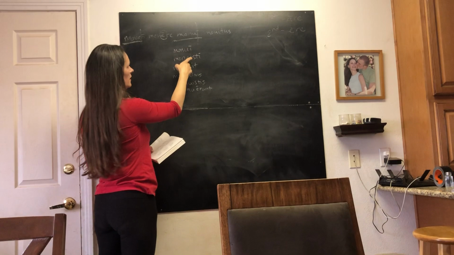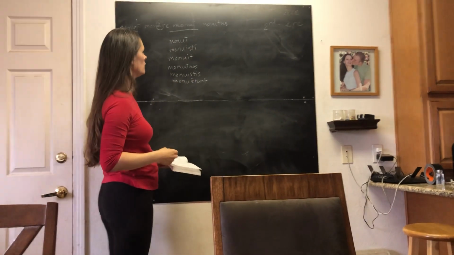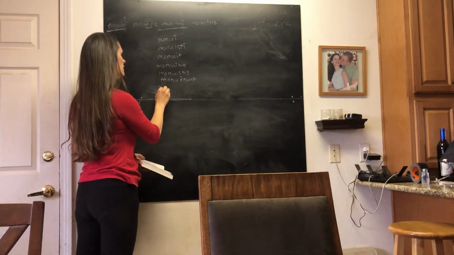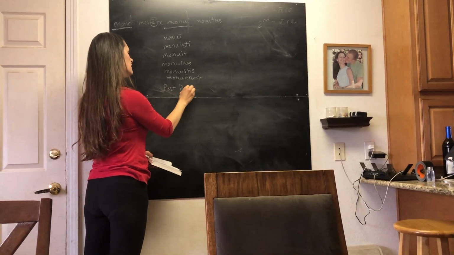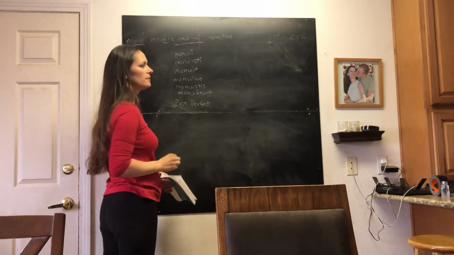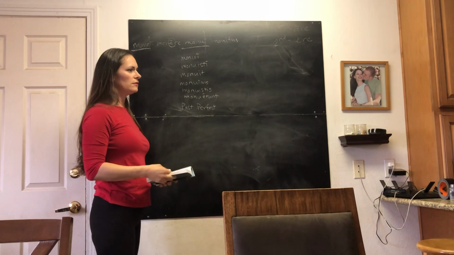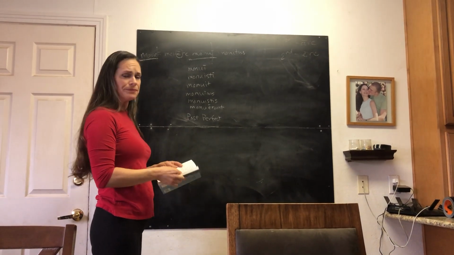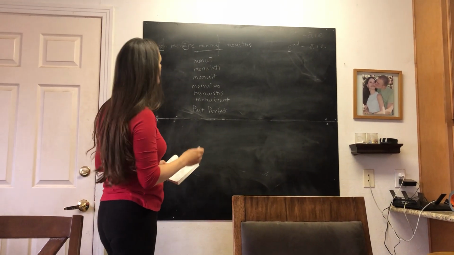Remember those endings? I, isti, it, imus, istis, erunt. So these are the past perfect. I warned. I did warn. I have warned.